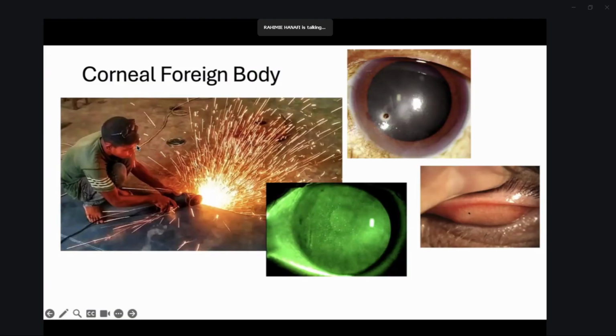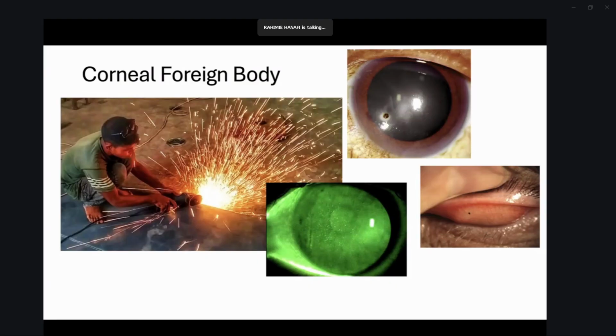Just like this patient, they have glasses but are not wearing them properly, putting them on the head instead of wearing them. So it is quite common for them to have a foreign body from metal. When a patient comes with a history of welding and something going into the eye, and the patient has a foreign body sensation, that means we need to look for any foreign body on the cornea.